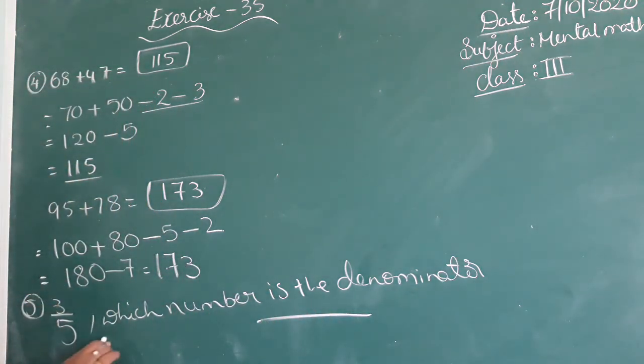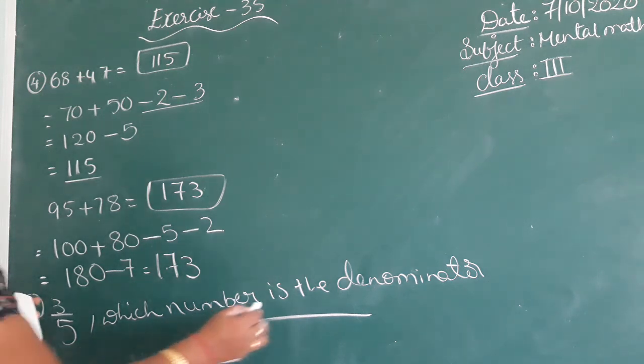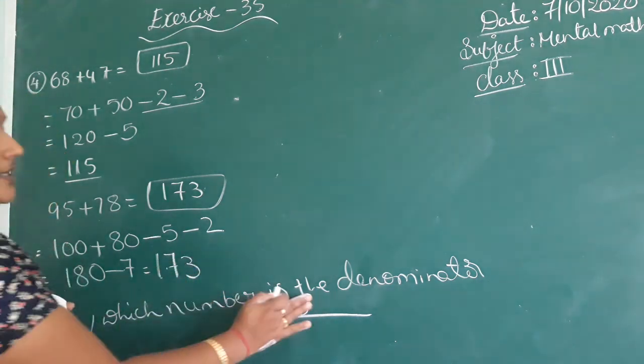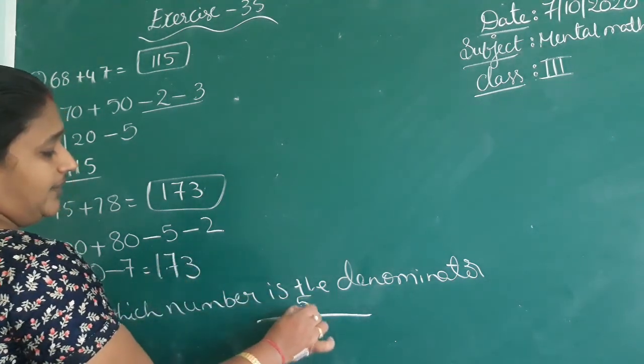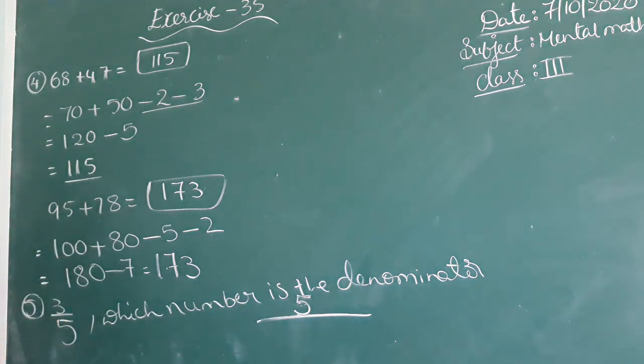In 3 by 5, what do we call 3, and what do we call 5? In 3 by 5, 3 is called the numerator and 5 is called the denominator. So what is the number in the denominator? It's nothing but 5.